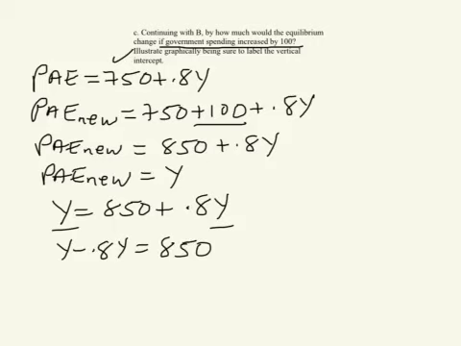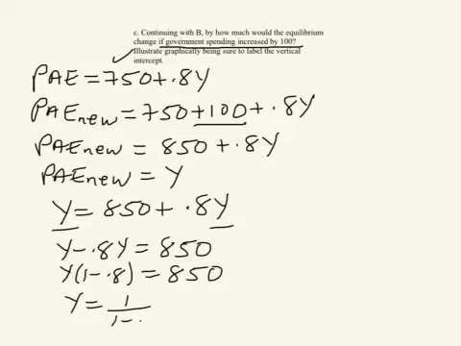So y times 1 minus 0.8 is equal to 850. So y is equal to 1 over 1 minus 0.8 times 850, and that's equal to 4,250. That's your new equilibrium.